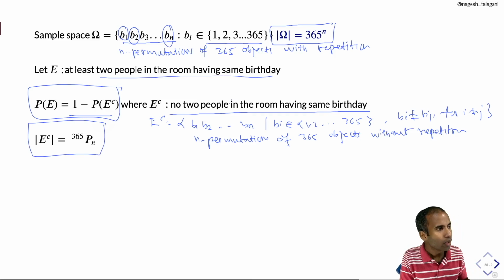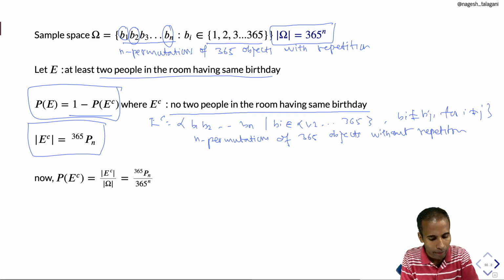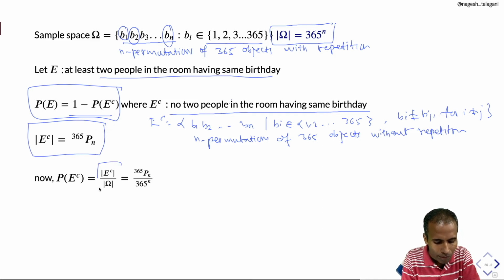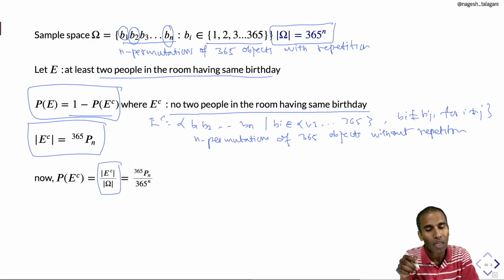Now the probability of E complement is going to be the number of elements in E complement divided by the number of elements in omega, because we assume that outcomes are equally likely, so we can apply the classical definition. So the probability of E complement will be 365 Pn by 365 to the power of n.